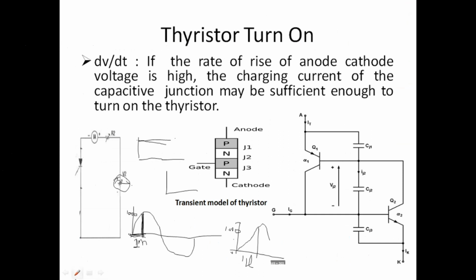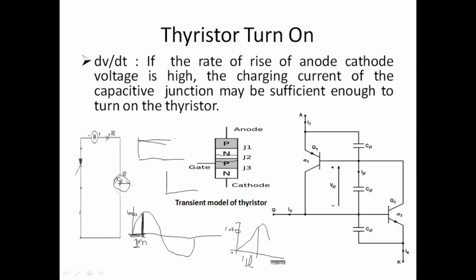What happens here? See here, in this area I can say you will have a depletion region. Here I have a depletion region because it is junction J2.